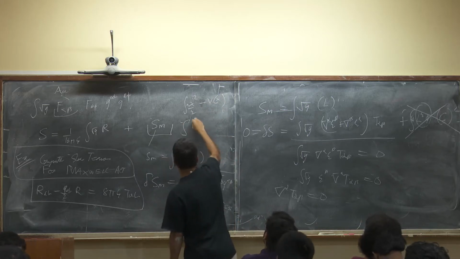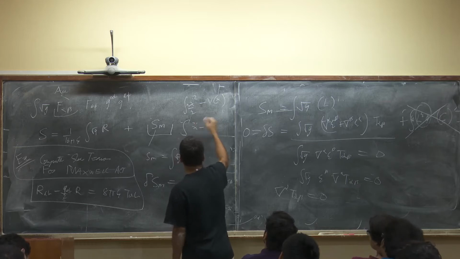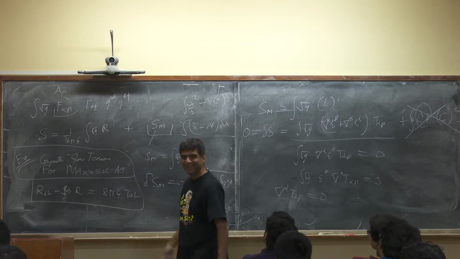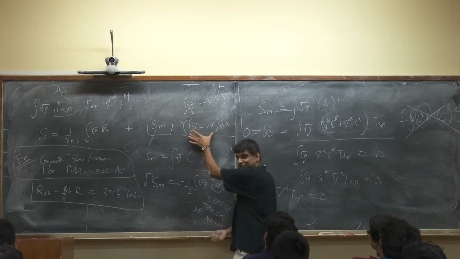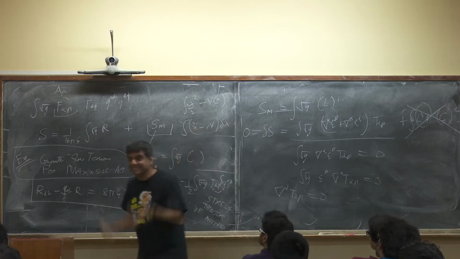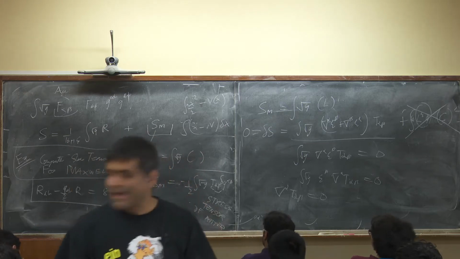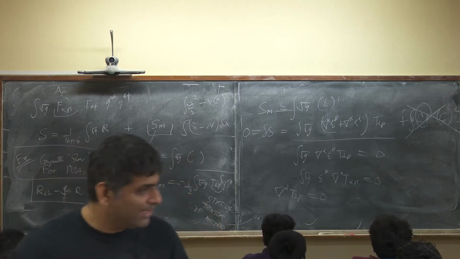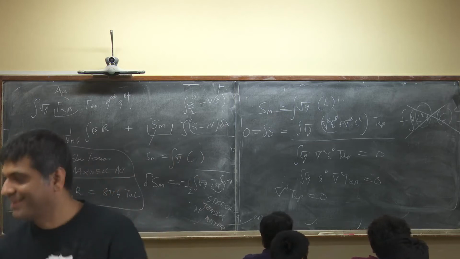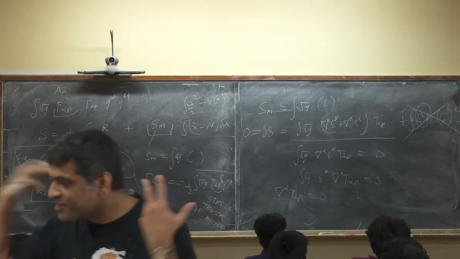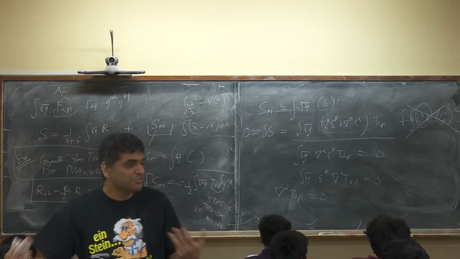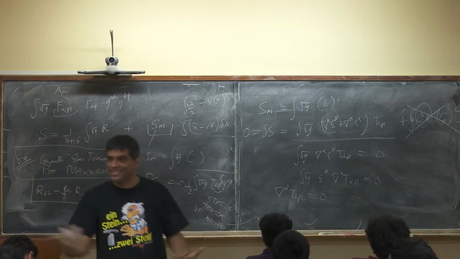This is minus m x double dot minus del v, times delta x, plus a boundary term. And the coefficient of that is the equation of motion. That's the principle of least action. The coefficient of the variation of the action with respect to a matter field is the equation of motion for the matter field. That's a great principle of physics, right? The equations of motion are not random, they're generated by varying an action.